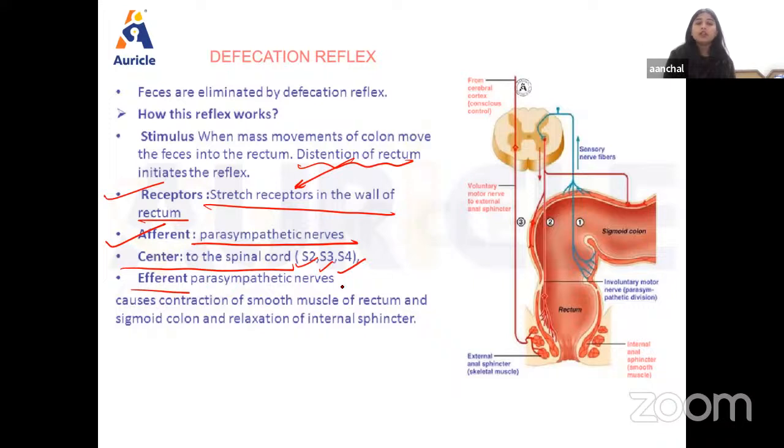Again, efferent impulses generated by the parasympathetic nerve cause contraction of smooth muscles of the rectum and sigmoid colon, and relaxation of the internal sphincter.